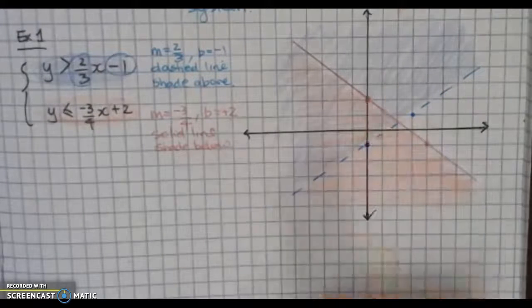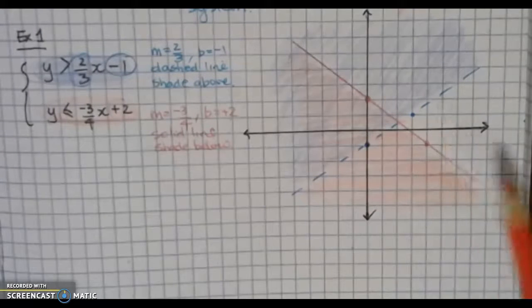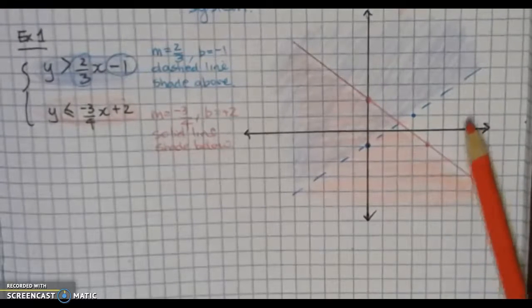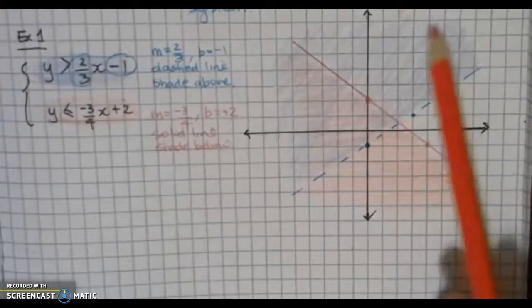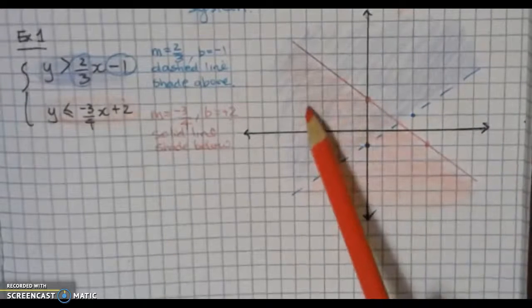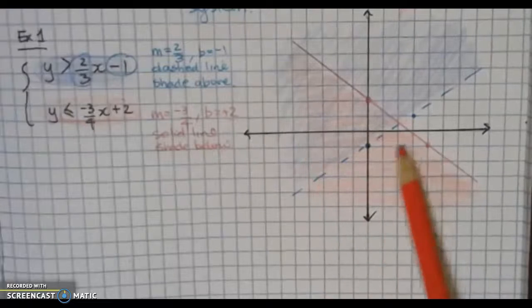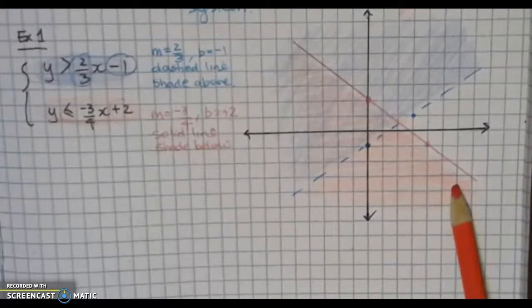Now look at what we have here. We have four different colors. We have an area that is completely white, an area that is blue, an area that is blue and red, and an area that is red only.